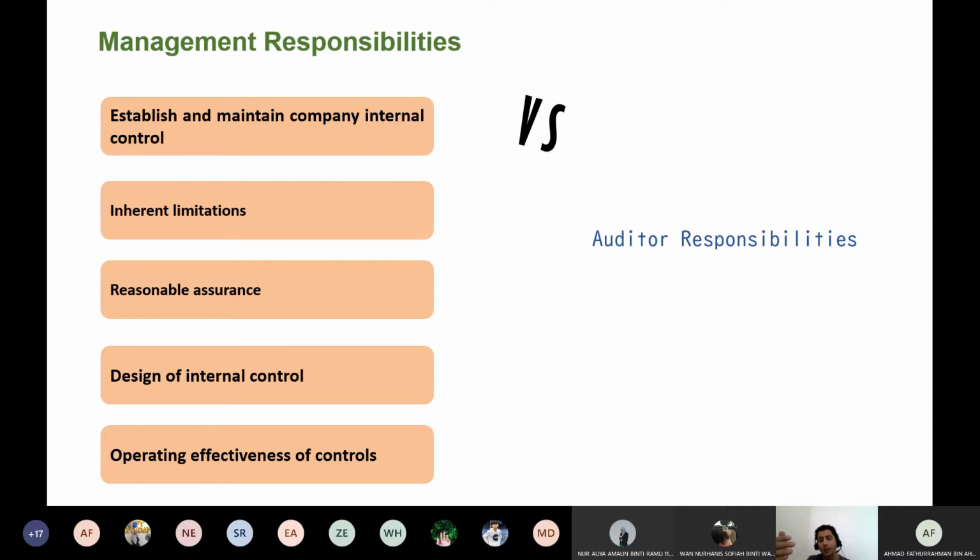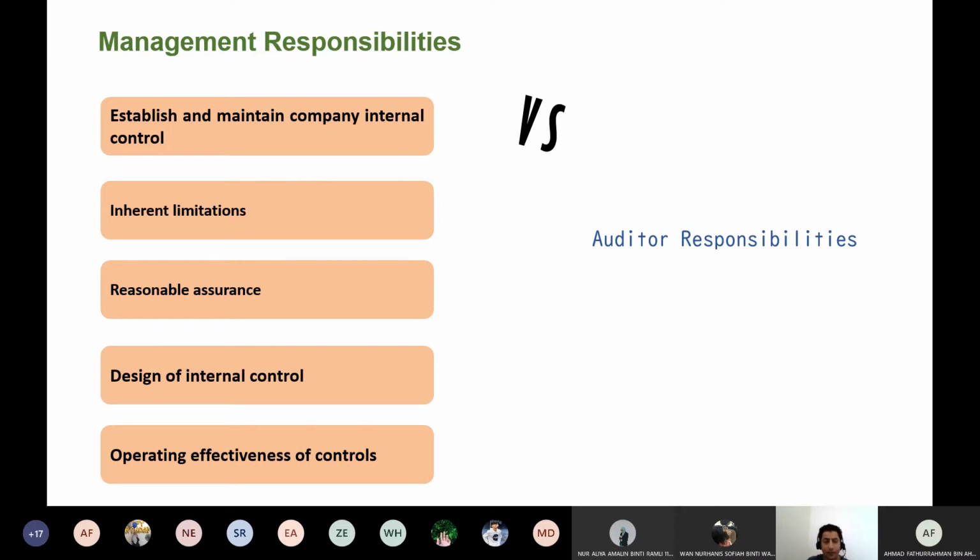The second one is about assessing the inherent risk. Then provide the control activities, design them into the internal control, and maintain them. So this is the management responsibility.